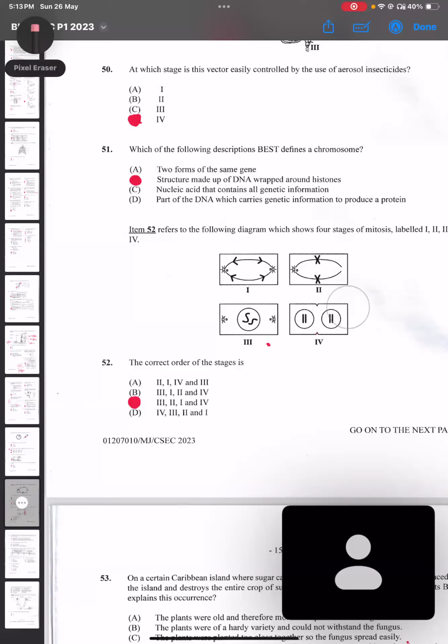So 3 is first and 4 would be last. So you just look and figure which one would have that. The 2 answers, so you would have to determine what happened first, 1 or 2. So this would be 1, 4, 2, 3. So you would have these first, and then you have the separation of the chromatids into different cells. So our answer would be C.